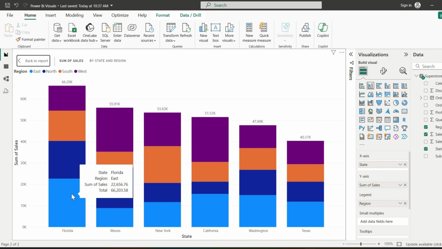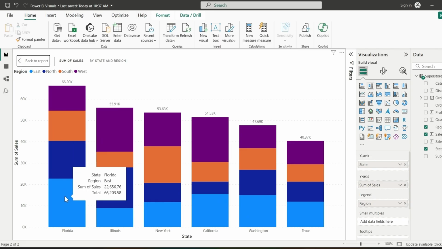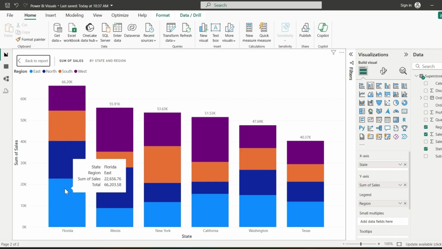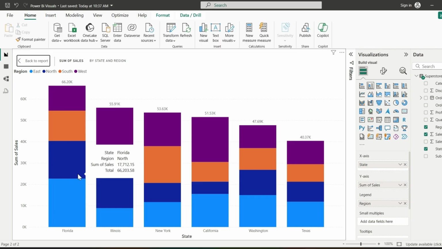So this visual answers which state is biggest overall. We can see it's Florida. What contributes to the total? We can see how each region contributes to its total. Even by looking at the visual, we are clear that the East region contributes more compared to other regions for Florida sales. So we can easily compare which state is bigger and also what contributes to that.